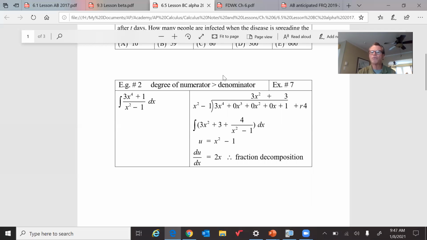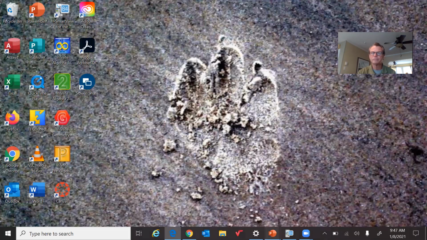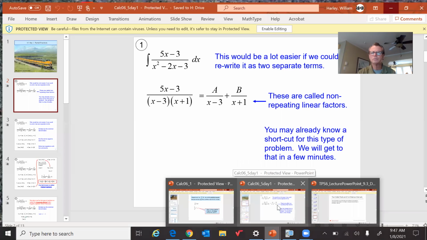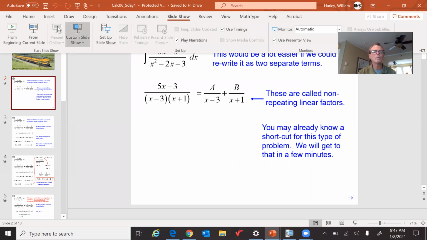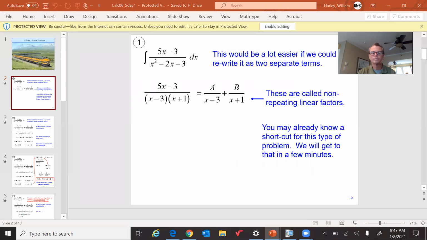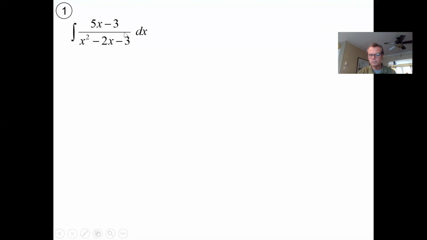So how do we do fraction decomposition? We're here. Now, ready? Now you're looking and saying the degree of the numerator is lower than the denominator, which is where we were in that problem after we did the long division.